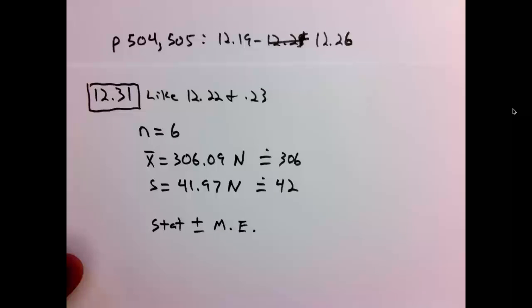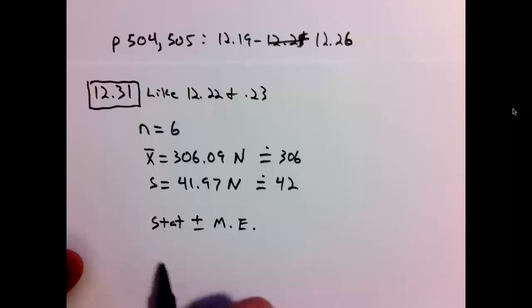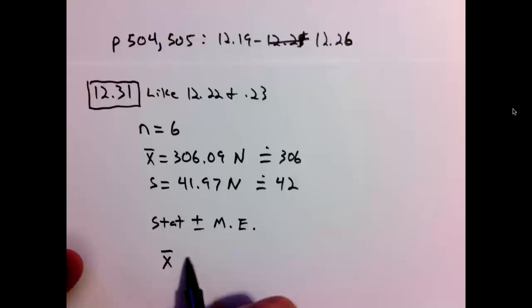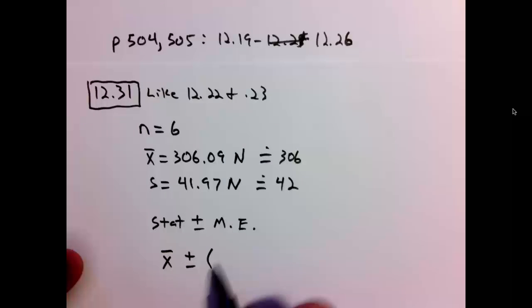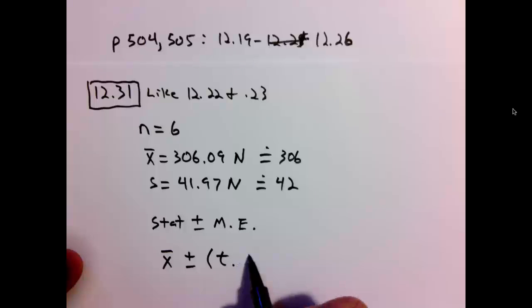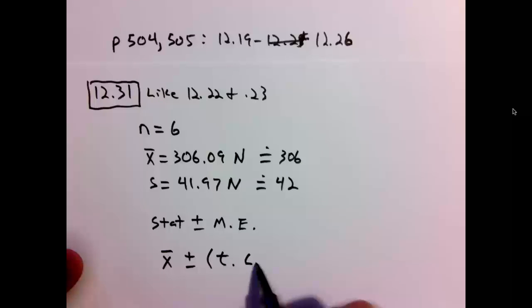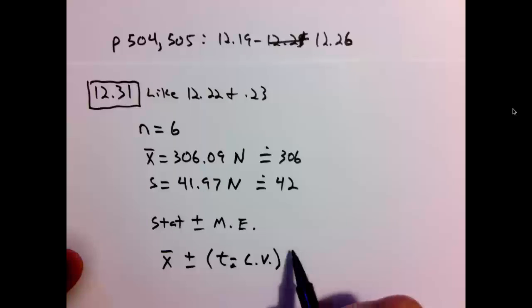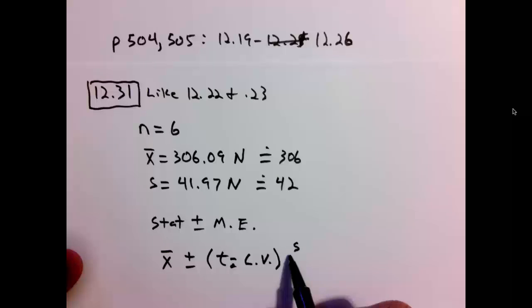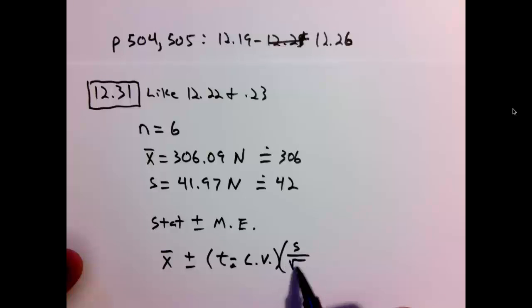But for our particular case, our statistic is x bar, plus or minus our t critical value times our sample standard deviation divided by the square root of n.